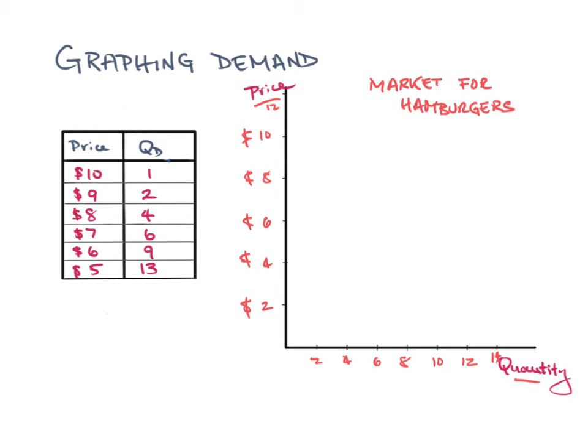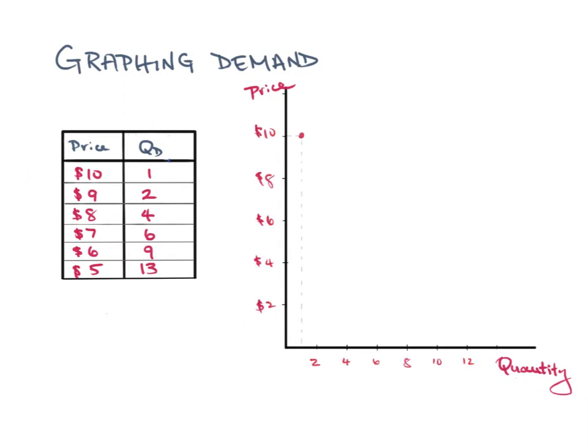I'm going to graph these points in this demand table. Okay, and so for example, this point, this first thing, at a price of $10, the quantity demanded would be 1. Okay, so my graph, I put that point right here. Price of 10, quantity of 1.